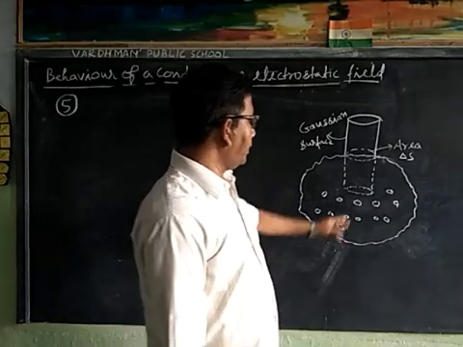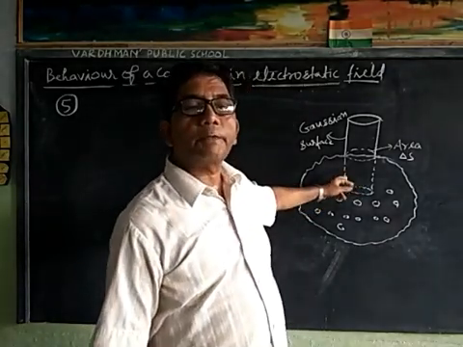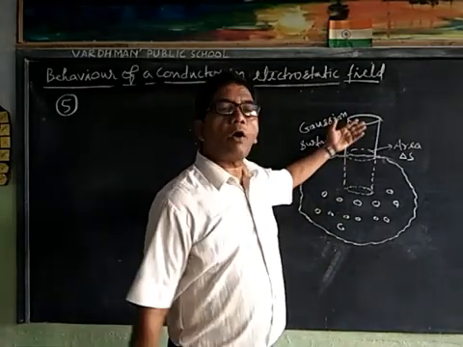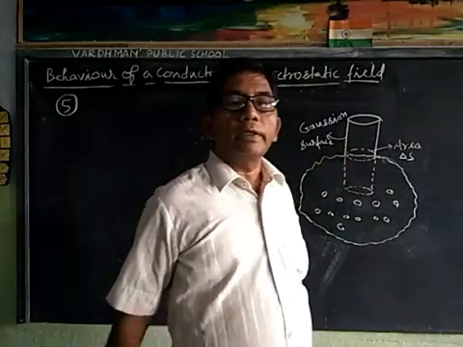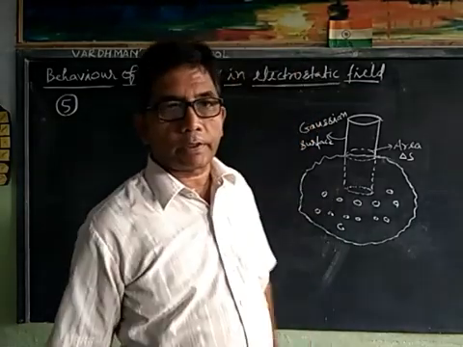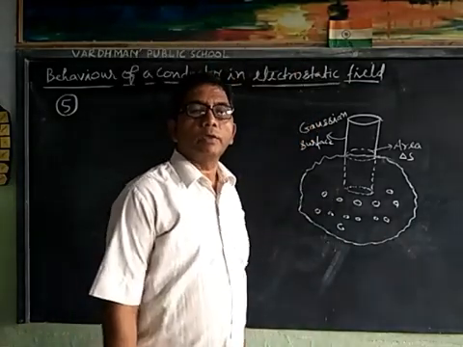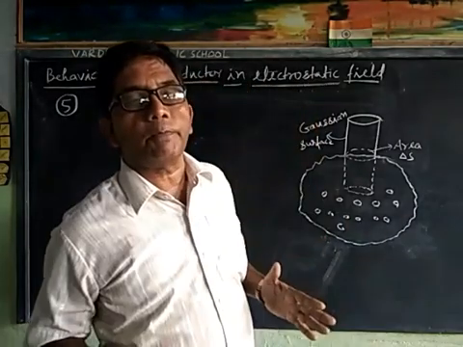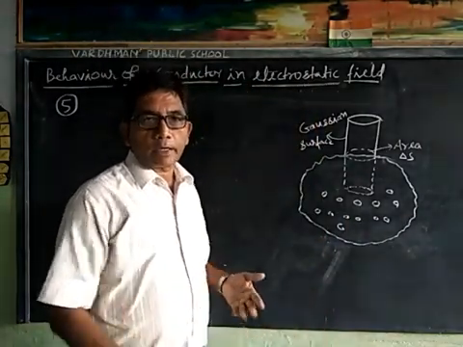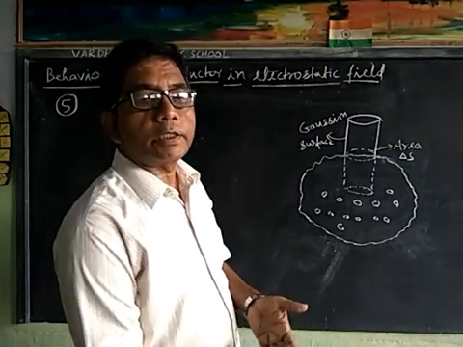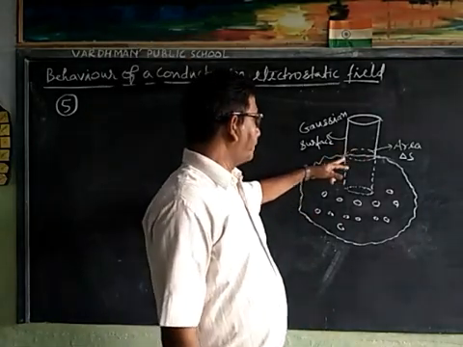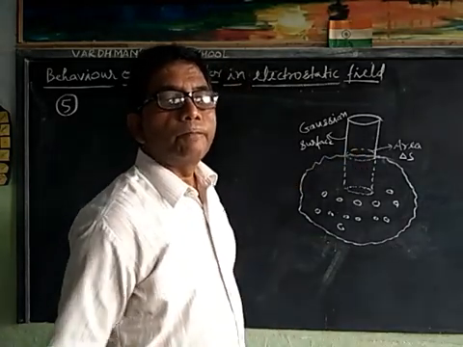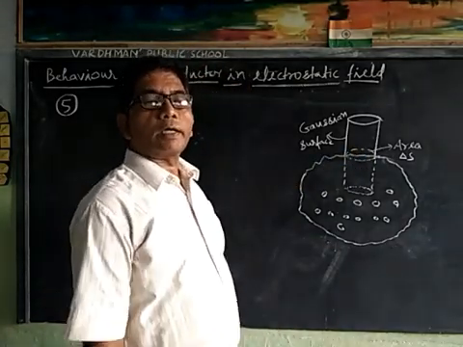Now electric field is zero inside the conductor, and just outside it is normal to the surface. The total flux comes out only from its outer cross section.